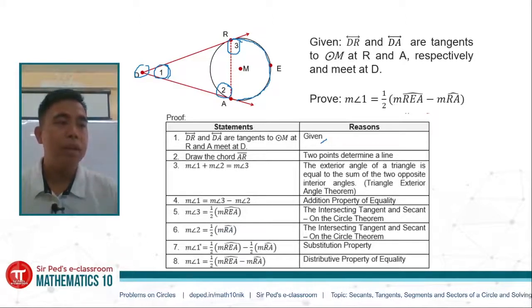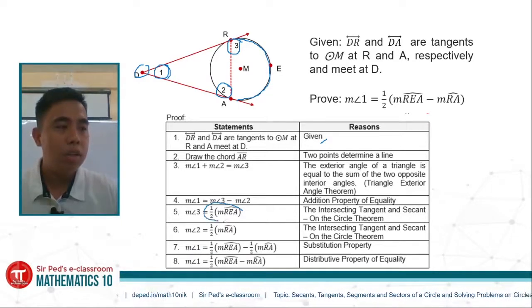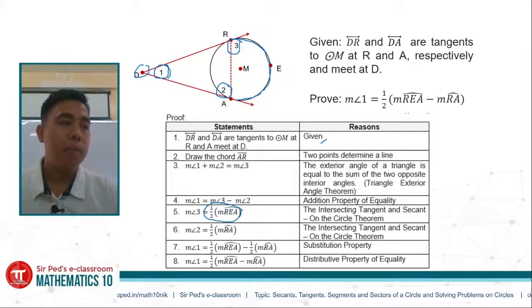Then the measure of angle 1 is equal to 1/2 the measure of arc REA minus 1/2 the measure of arc RA by substitution property. Therefore, by distributive property of equality, the measure of angle 1 is equal to 1/2 the measure of arc REA minus the measure of arc RA.